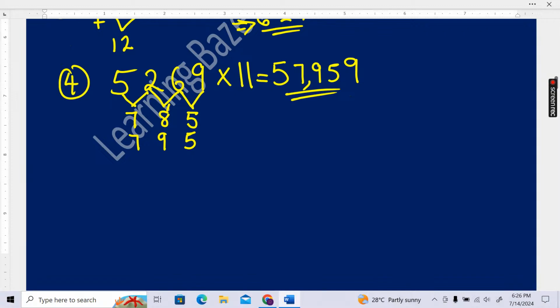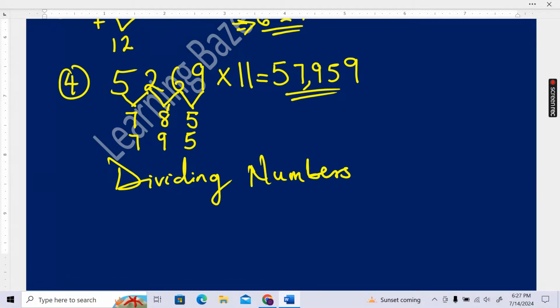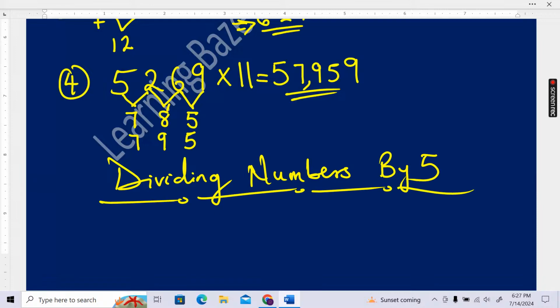Now, what else did we learn? We also learned dividing numbers by 5 in our head. How do we divide any number by 5?